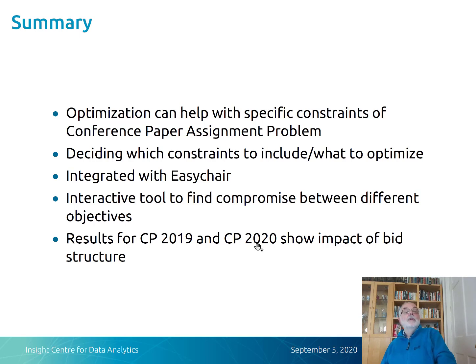In 2020, as you know, we were struggling with the COVID-19 pandemic, and we had a very compressed time scale, and therefore we were not able to recruit additional reviewers once we actually saw which of the papers were lacking bids for a good assignment.